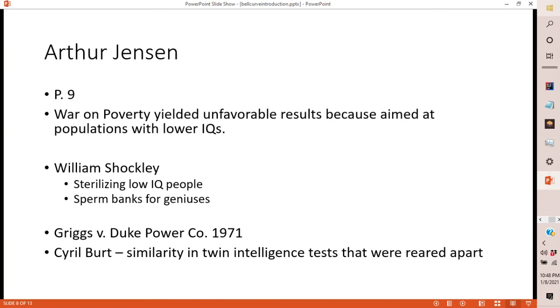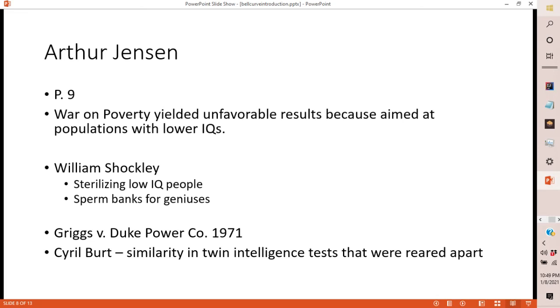This harkens back to the hereditary aspect of intelligence. He had twin studies where twins were reared apart. So you take twins, you raise one over here and the other apart from its brother or sister. And what he found was the twins actually had similar intelligences as measured from intelligence tests. So their environments didn't really change their IQ much, if at all.